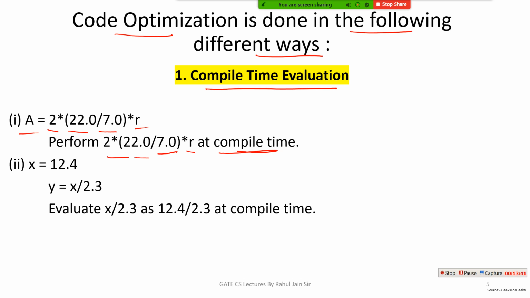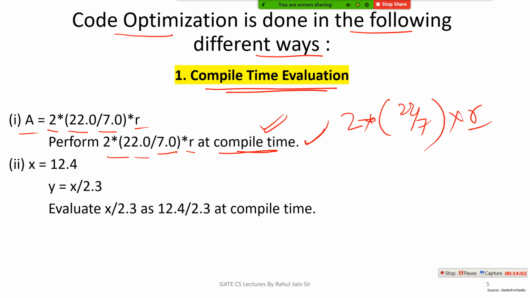It will evaluate the result of 22 by 7, then multiply it by 2, and then multiply by whatever the value of r would be. So using the mathematical rule, it will be performed at compile time. This is called compile time evaluation.